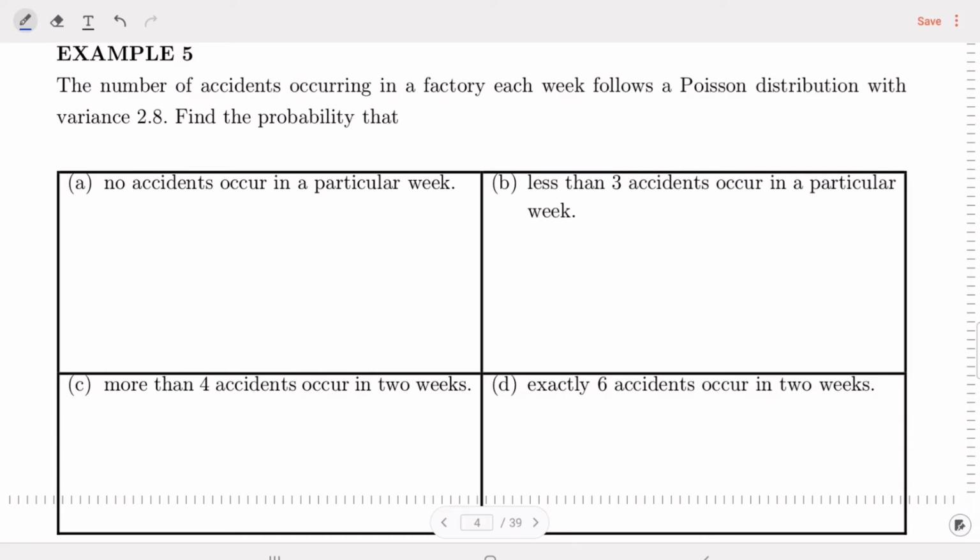Example 5. The number of accidents occurring in a factory each week follows a Poisson distribution with variance 2.8. We know that variance for Poisson distribution is equal to lambda, so it is equal to 2.8.